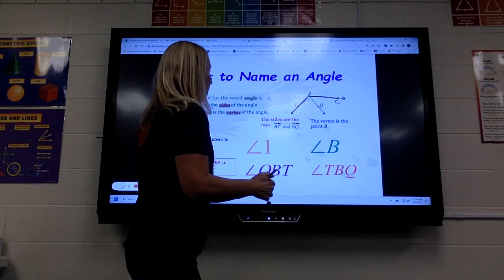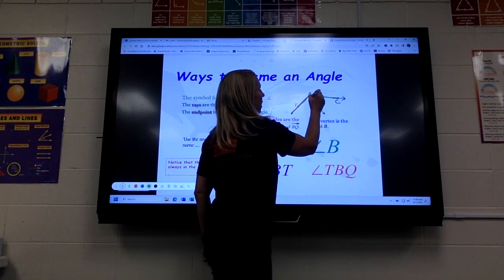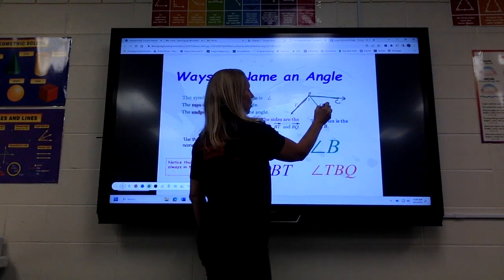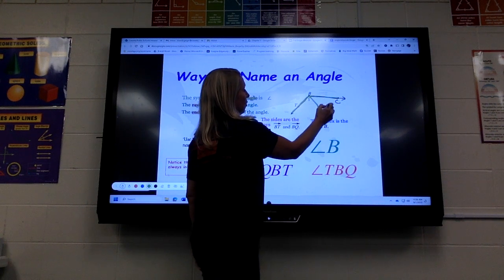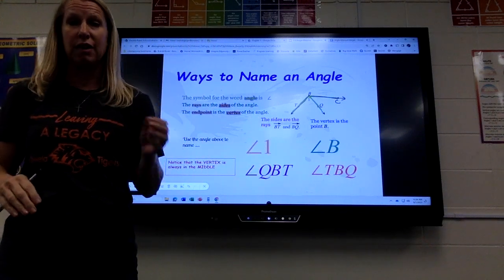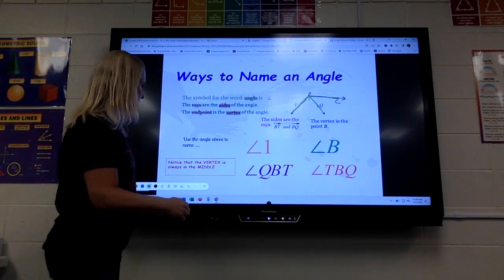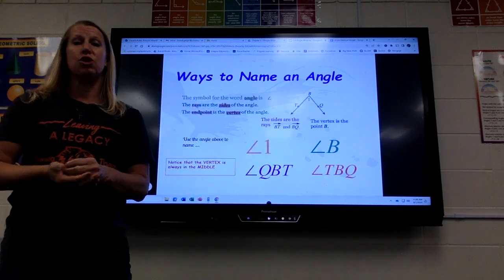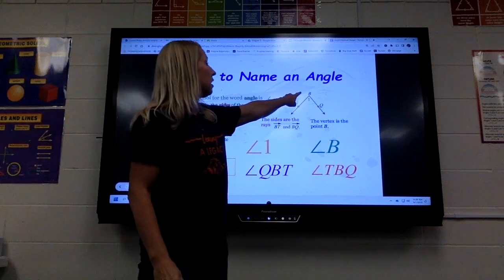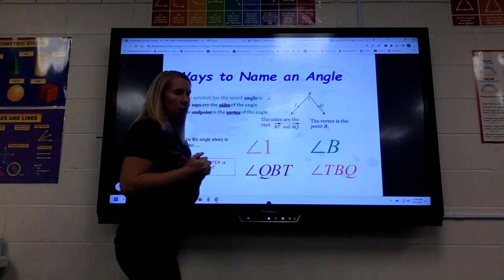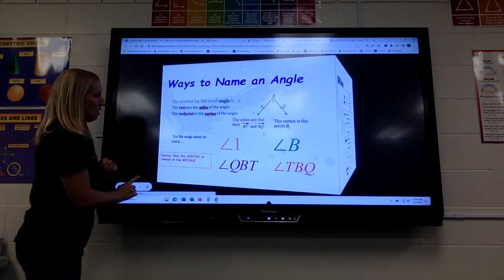I would have to say CBQ or QBC to be talking about that angle, and then QBT or TBQ to be talking about the other angle. So I could not just name an angle B if it's connected to another angle. So you have to be really careful with that, and also make sure your vertex, the letter B, would be the middle letter when you're naming. Notice B is in the middle of both of those.